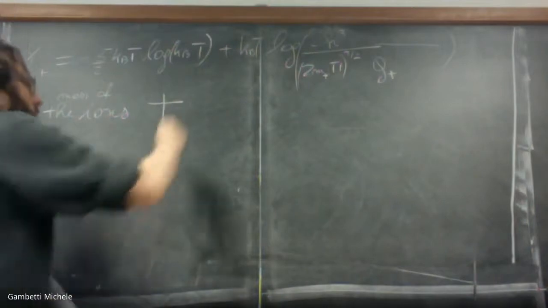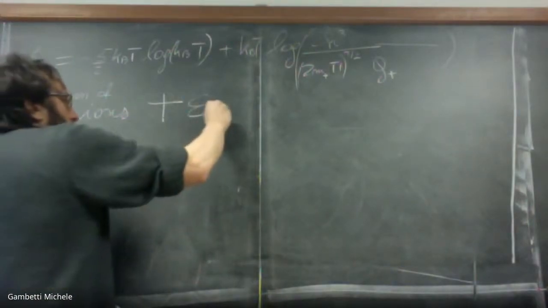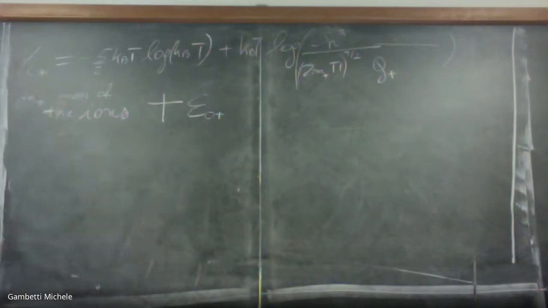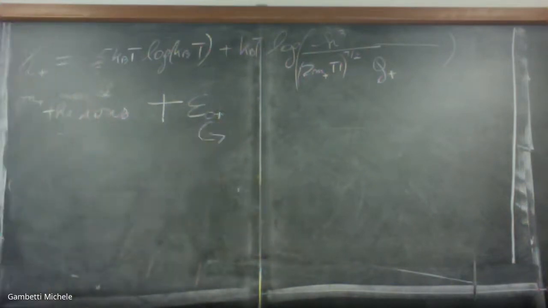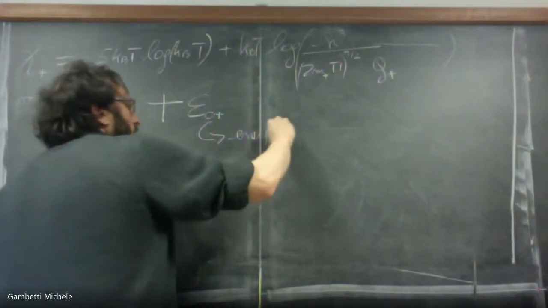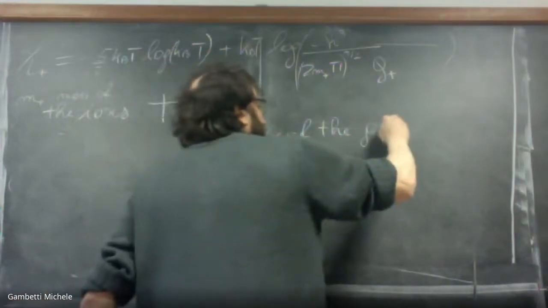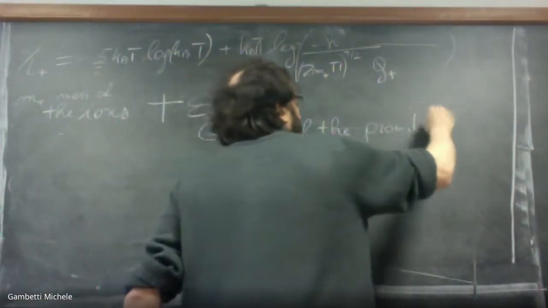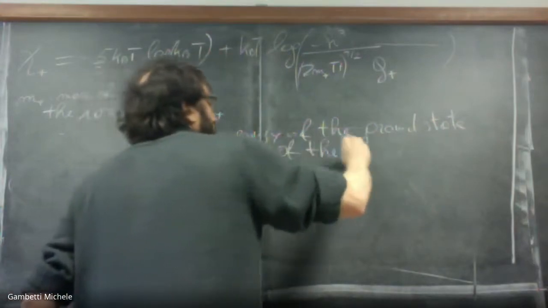Let me call it epsilon 0 plus, which corresponds to an additional contribution to the chemical constant, the energy of the ground state of the ion.